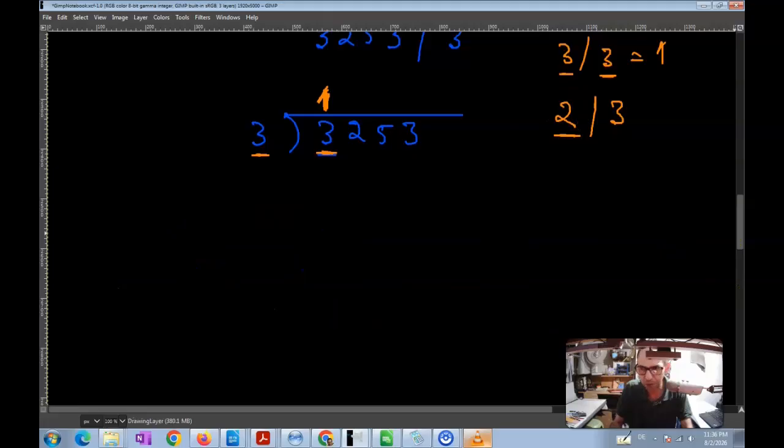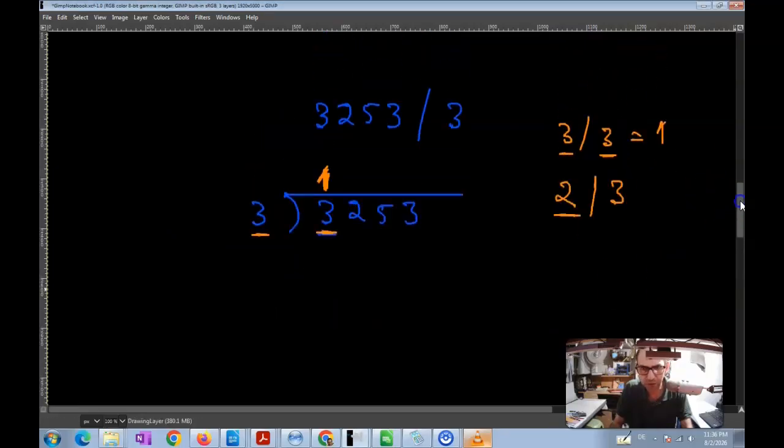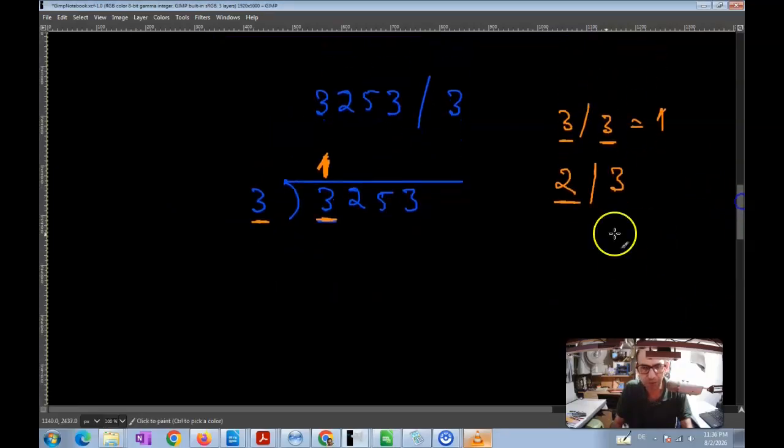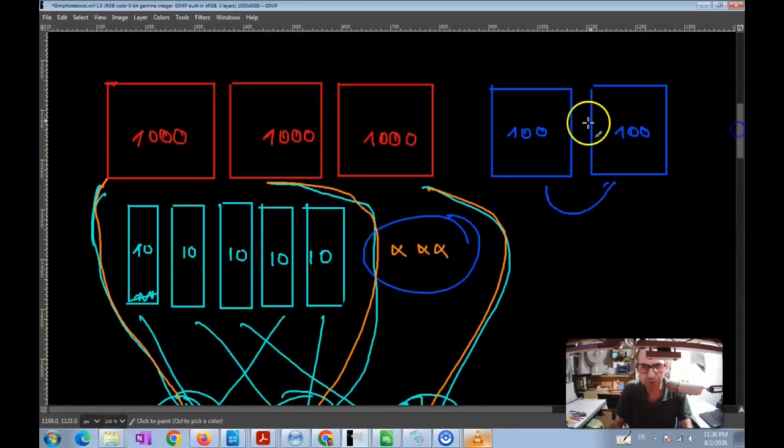So in order to solve this kind of problem, I have only two of these groups, so I'm going to have to break these up, because each of these groups is nothing but 10 of these 10 groups.